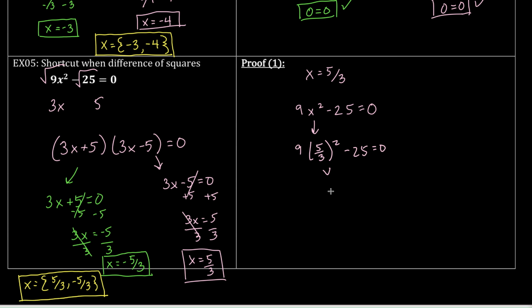This is 5 times 5 is 25, over 3 times 3 is 9. Like this just makes this go away. If you need to use a calculator, use a calculator, right? And then 25 minus 25 is 0.